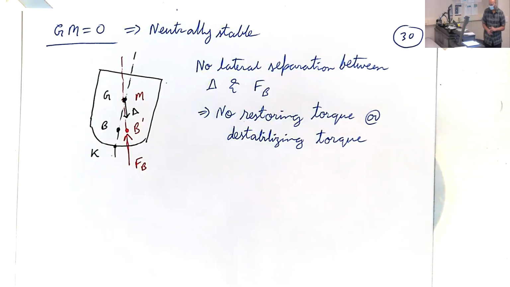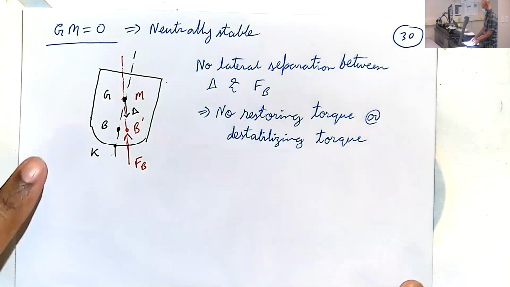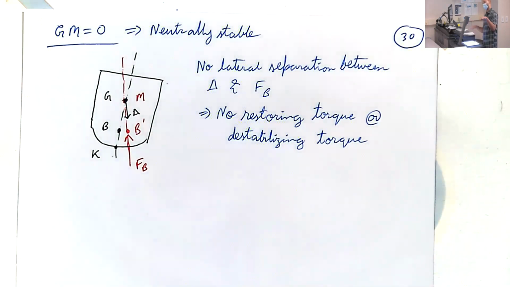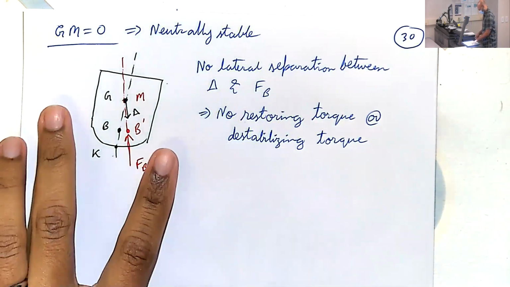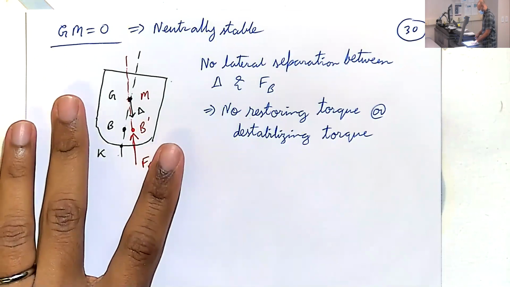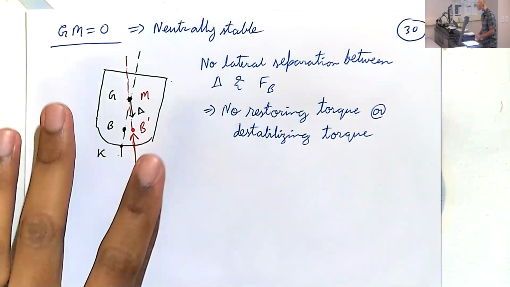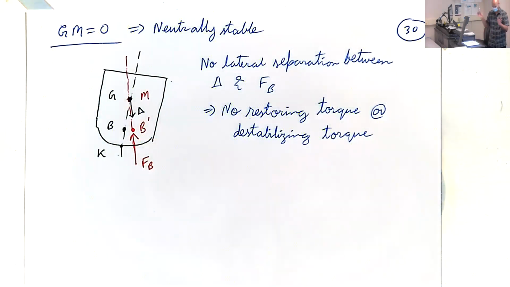All right, and you might have seen images of ships just tilting sideways and staying there. Well, that's mostly because they've loaded their cargo incorrectly. But in that scenario, it's a slightly different scenario.